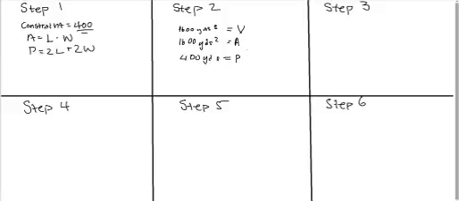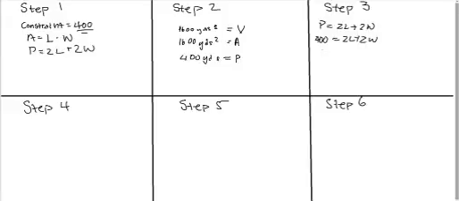So now we are going to try to express the function in terms of a single variable upon which it depends. And that means that we are going to look at the perimeter, which is equal to 2 times the length plus 2 times the width. And we know our constraint is 400 yards, and that is equal to 2L plus 2W.